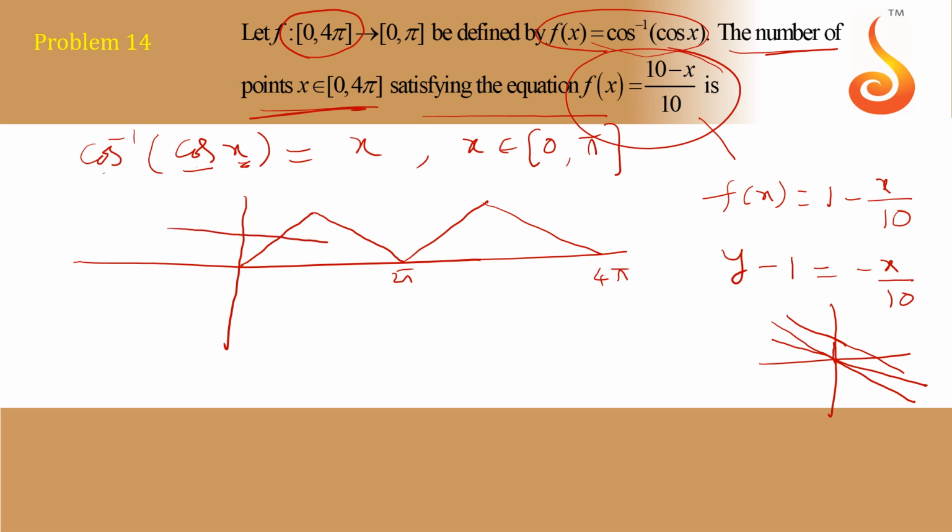So the graph will be like this. So the points of intersection, if you observe, here 1, here 1, here 1. So the number of points between 0 to 4 pi are 3.